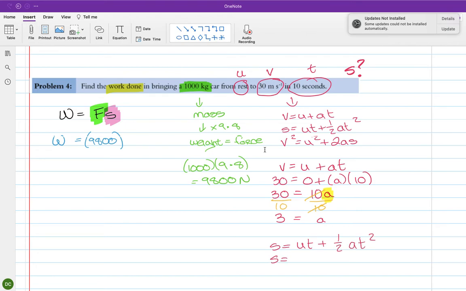So U is 0, T is 10, plus a half. We now know A is 3 and T is 10, and we square it. And because I don't have to rearrange, I can just throw that into my calculator. So I'm getting 150 meters.